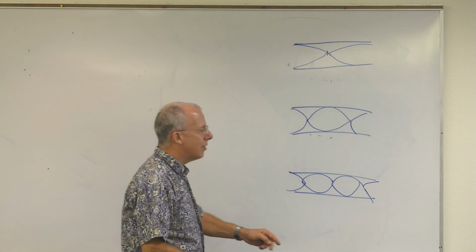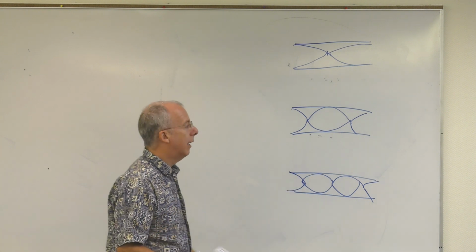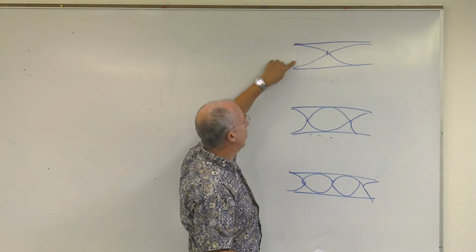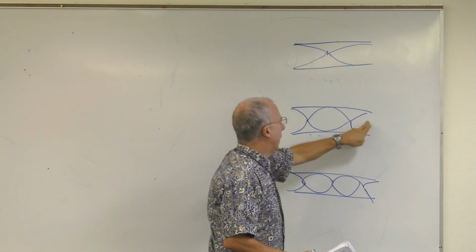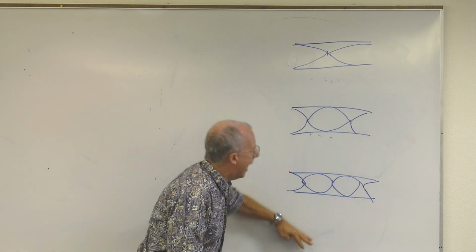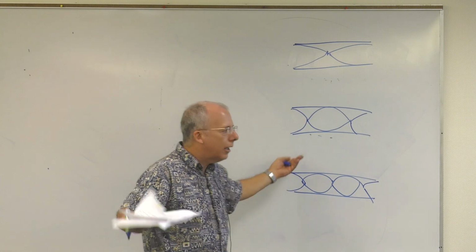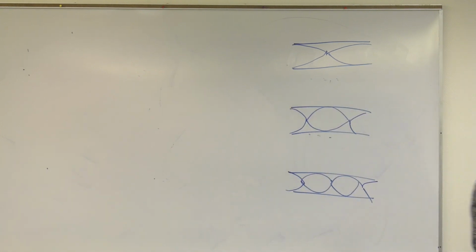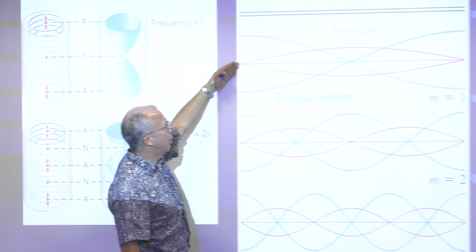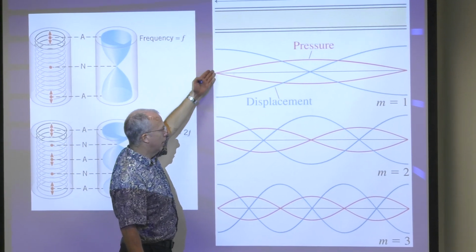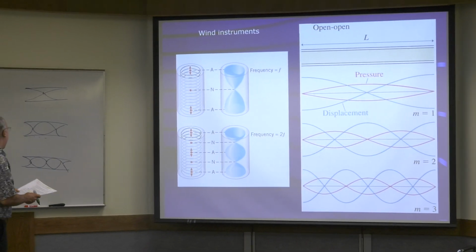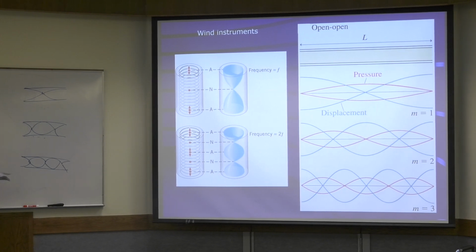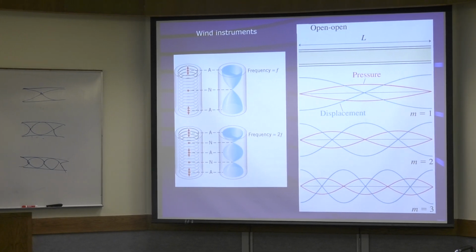All I'm saying is, you don't have to do a whole lot of thinking. All you have to do is make sure that if it's open, there's a displacement antinode. And then just keep adding and adding. That's all you have to do. And if you want to draw the pressure, just remember the pressure is interchanged with the displacement. That's it. It's not so bad. Just drawing silly pictures.